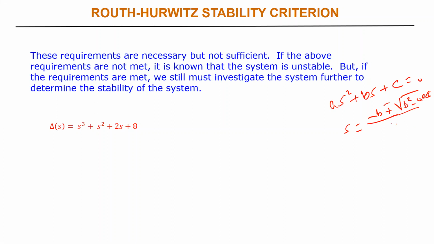But what you are saying? 2a ولا 2a? Okay. But okay, look at the numerator. What you are telling me, okay, minus b, let's say, take the plus root of b square minus 4ac. This is always positive?